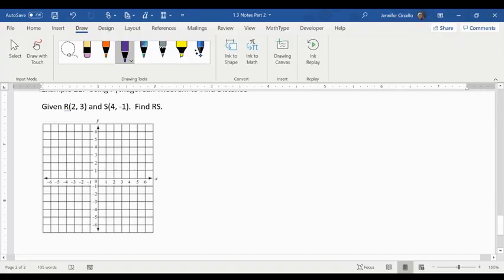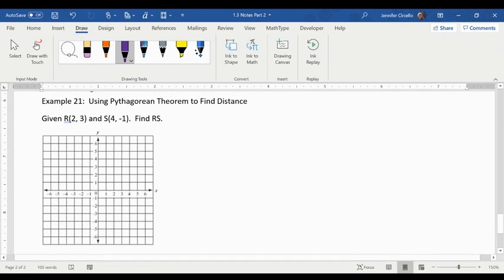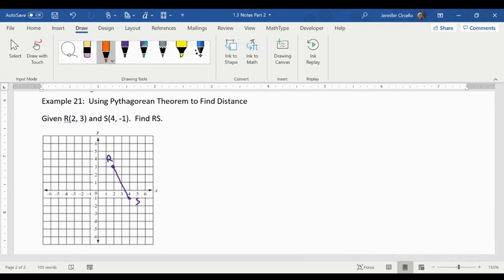You can always make a right triangle. So if we have R at (2, 3) and S at (4, -1), you may be saying to yourself, that is not a right triangle, but we are going to create a right triangle. And I like to think about slope here. If you wanted to figure out the slope from R to S, you would take the rise and the run, and you end up with a right triangle.